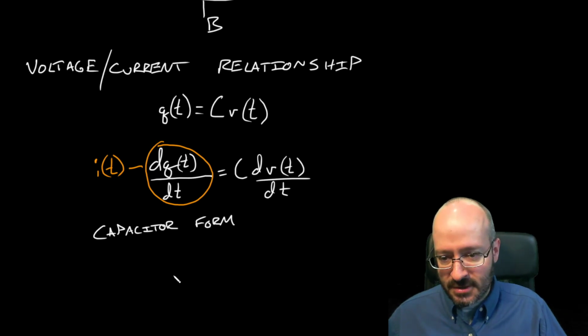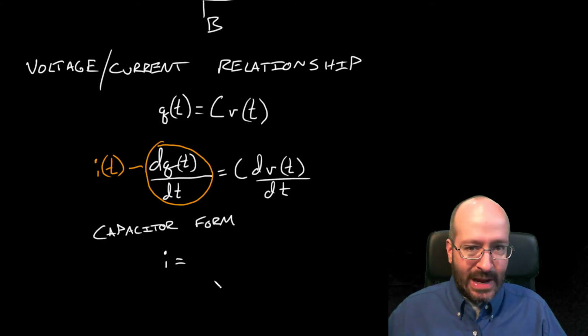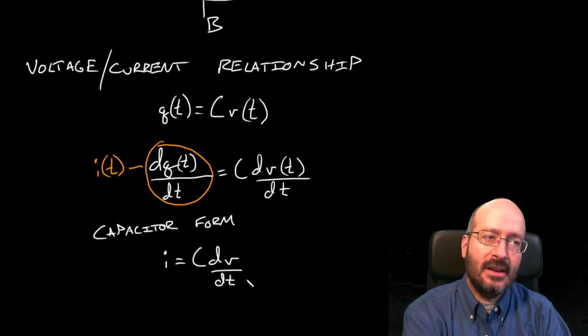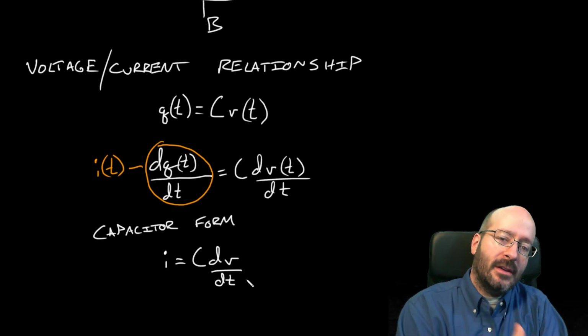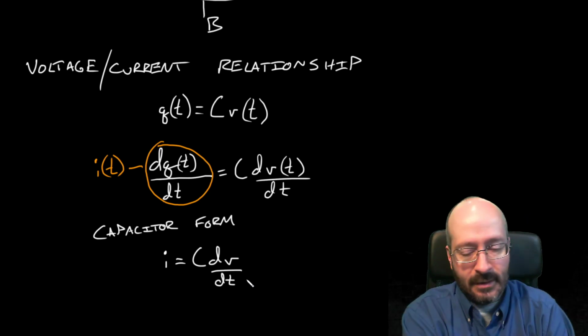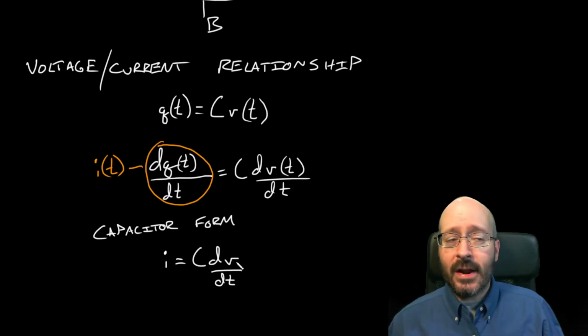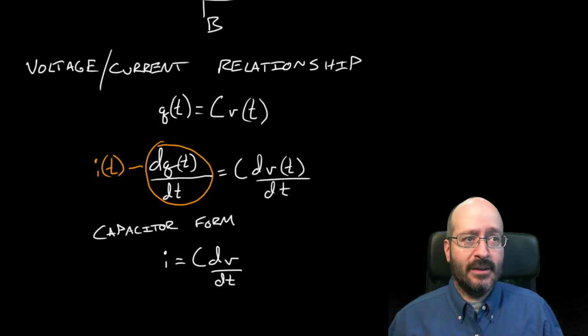The functional notation gets dropped a little bit here, and you'll see this written more commonly as just lowercase i equals C dv dt. It's got a nice rhythm to it. We're going to make that stick in your head a little bit. i equals C dv dt. That's going to be what I use to relate voltage to current in a capacitor.